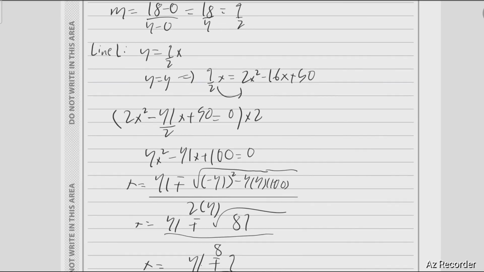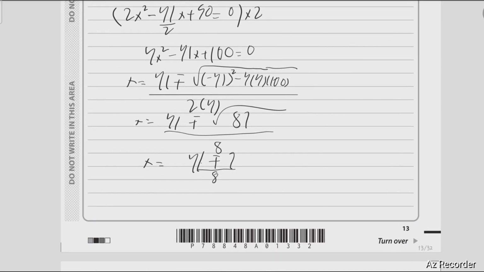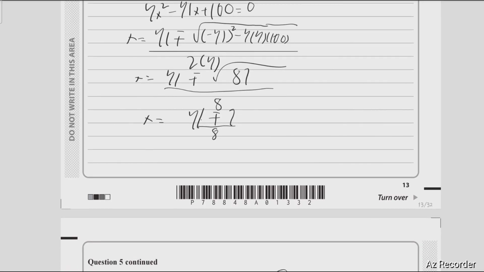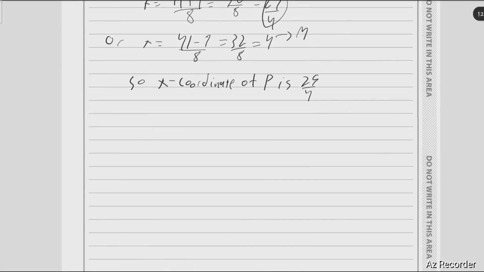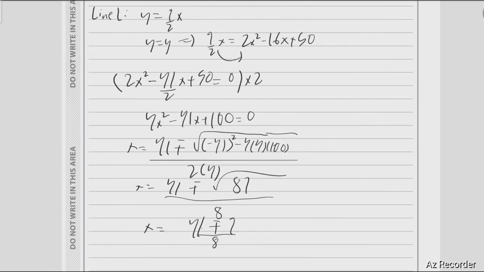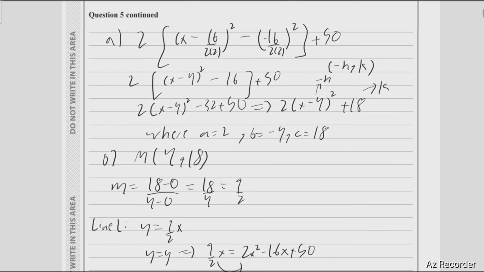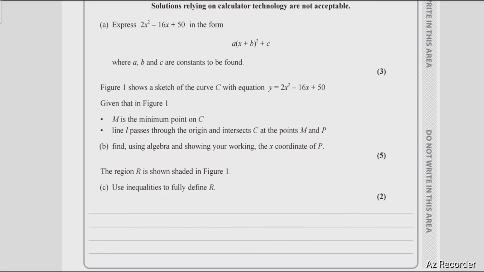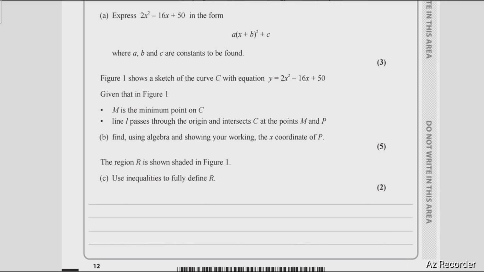Now you can just simplify and use a calculator, but sometimes you lose marks on just simplifying. You won't lose marks if you use the quadratic formula. So I suggest that you use it all the time and just use the calculator to check the answers.